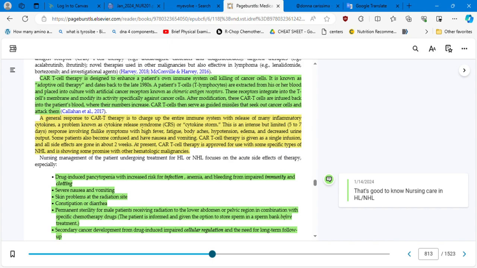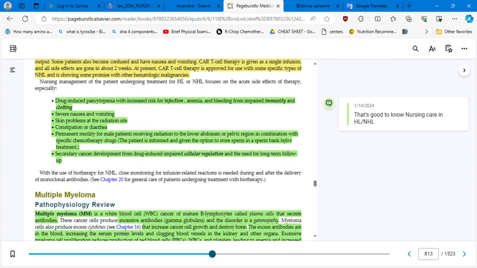The patient is going to feel, approximately in the first 5 to 7 days, a response with flu-like symptoms, fever, fatigue, body aches, hypotension, edema, and decreased urine output. Some patients also become confused and have nausea and vomiting due to this CAR T cell therapy. So that's something that you need to know.